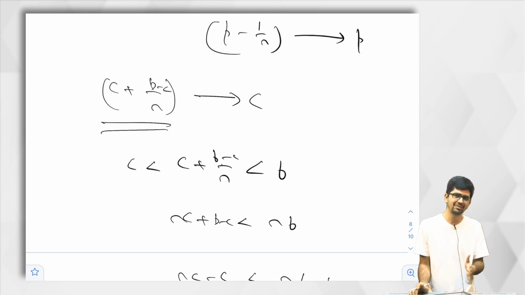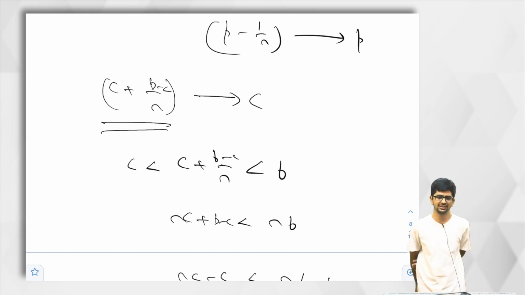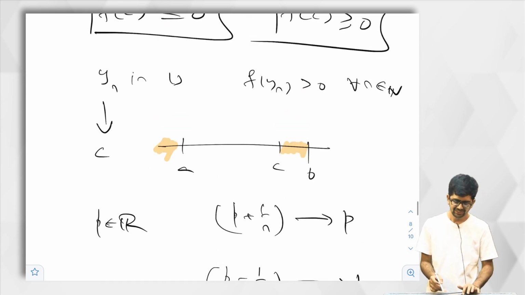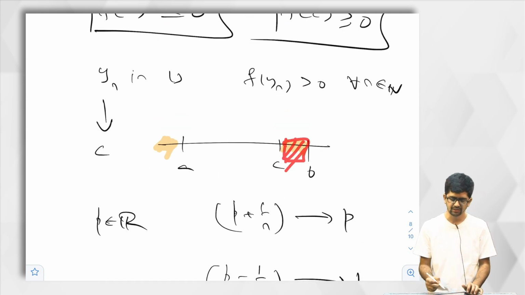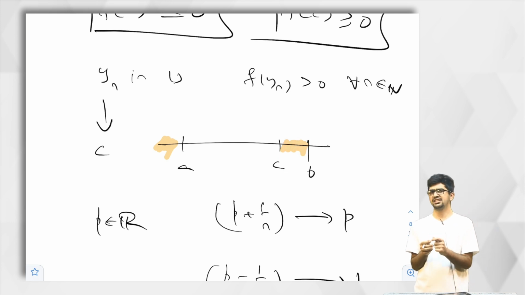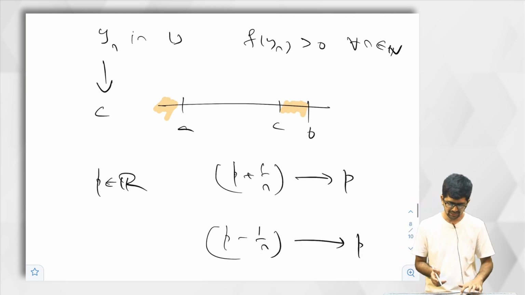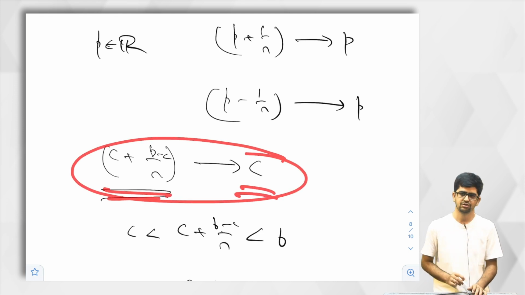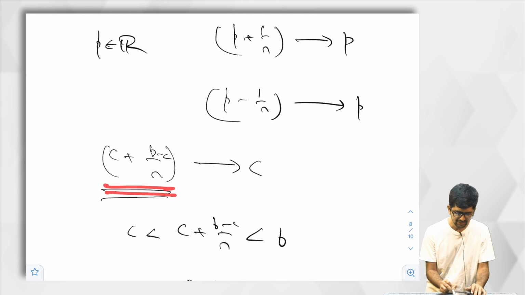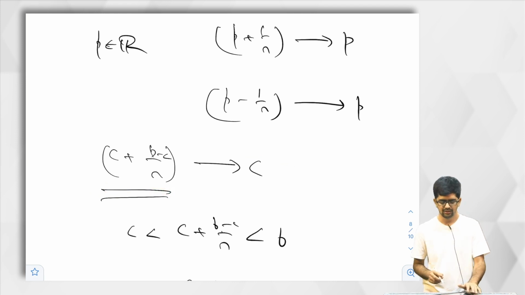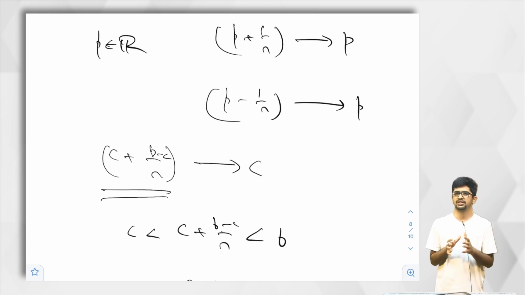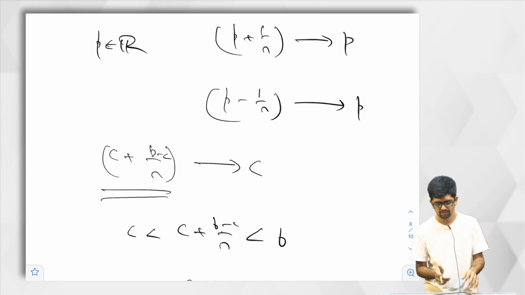1 by n was not useful. 1 by n was the obvious sequence that we should consider, but that sequence has a problem, that it may not be contained in this part. So we changed the sequence slightly, and then we got this sequence, C plus this, which converges to C. As I said, this is outside E. E was the set of all elements for which f of that element is negative.